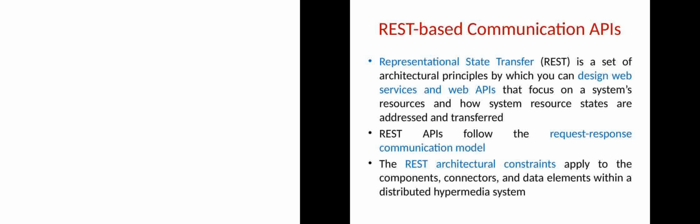We'll see what those constraints are in the next few slides. Here we are mainly interested in the set of architectural principles by which you can design web services and web APIs. So there will be some constraints that apply to the components, connectors, and data elements within a distributed hypermedia system.